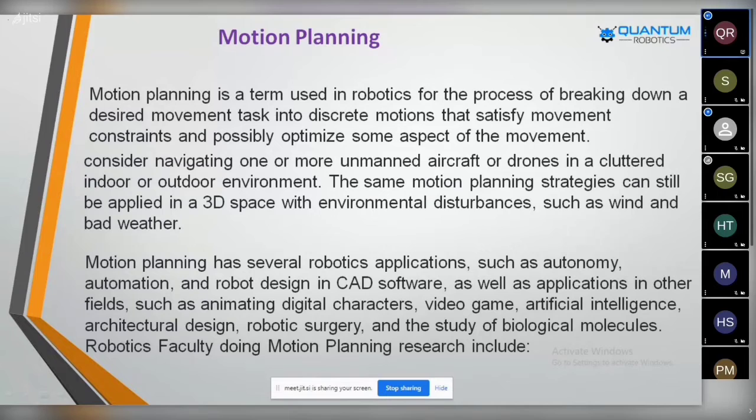In motion planning, the mapping process works over the 3D space, and the motion planning strategies can still work in the 3D space despite environmental disturbances such as wind and bad weather. Motion planning means planning that only this particular area is to be used to launch, drop a parcel, or do the particular task.